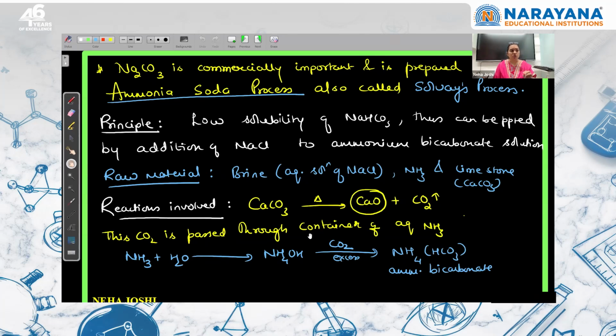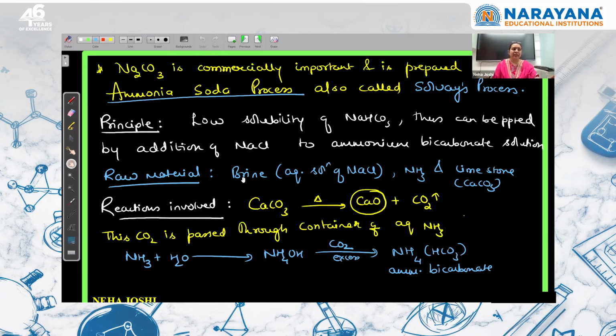But this low solubility of NaHCO3 is a very important factor in the preparation of Na2CO3 in ammonia soda process. Okay, it is an important point that we have to notice, because there are two questions based on this concept in exemplar and NCERT, which has been again manipulated in different exams. So those two questions will be based on this principle I'll discuss.